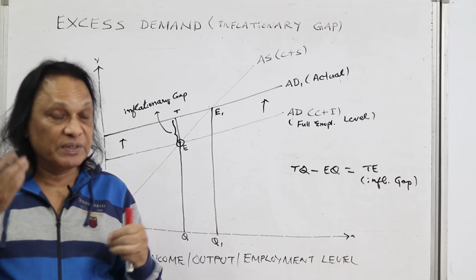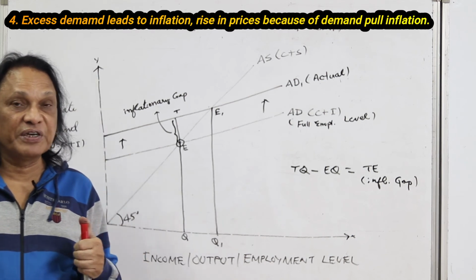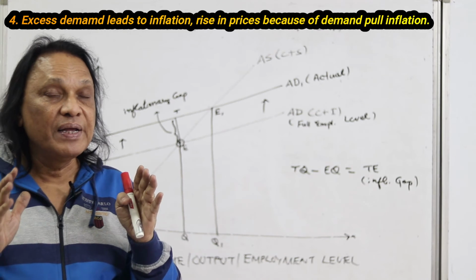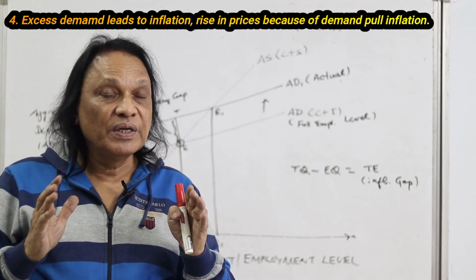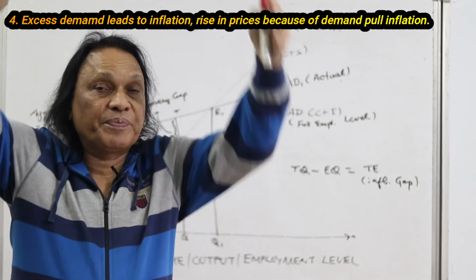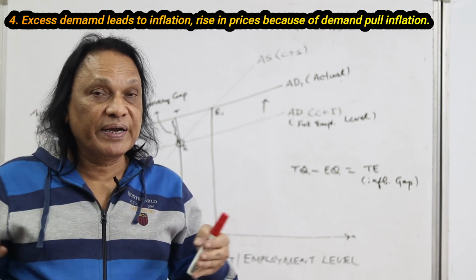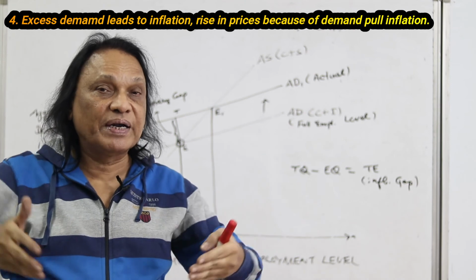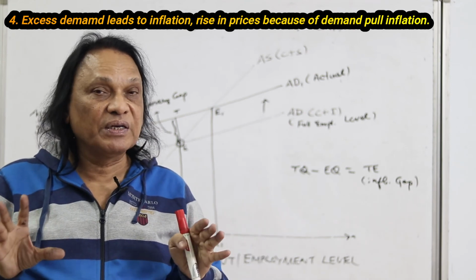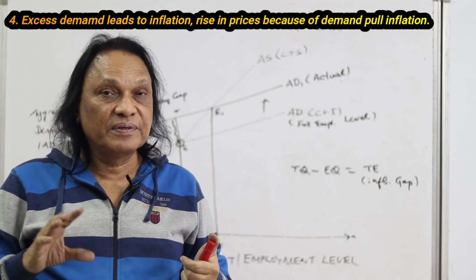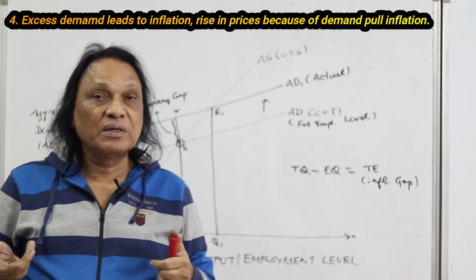Then what happens, the fourth point, effects of inflationary gap or excess demand. Only one thing can happen in the economy, that is, it leads to inflation, a rise in prices. We call it demand pull inflation because demand is pulling. As a result, the prices of the commodities will go up. I repeat once again, the impact of excess demand.